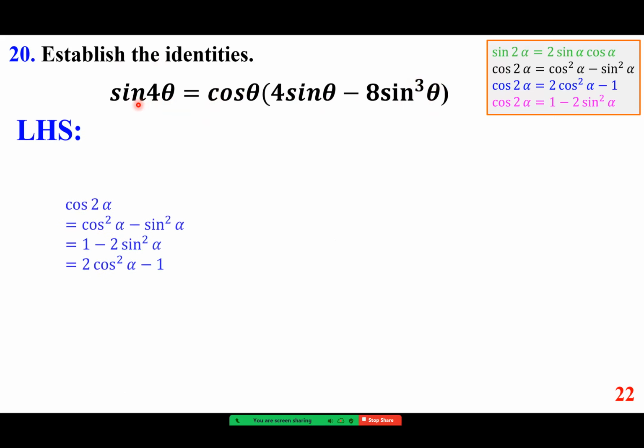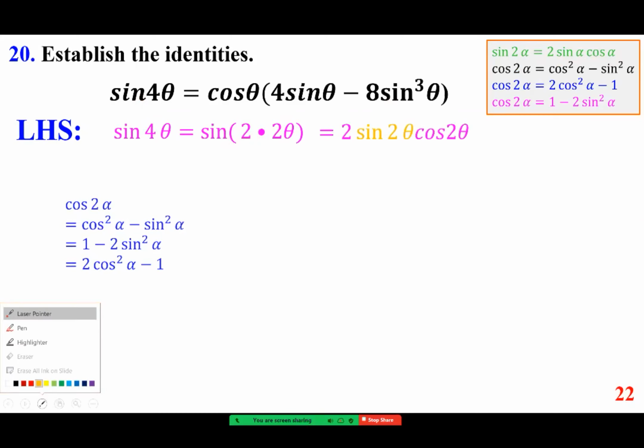So sine of 4 theta, you can say it's sine of 2 times 2 theta. Imagine this is alpha. What is sine of 2 alpha? 2 sine alpha cosine alpha. So this is 2 sine of 2 theta cosine of 2 theta.